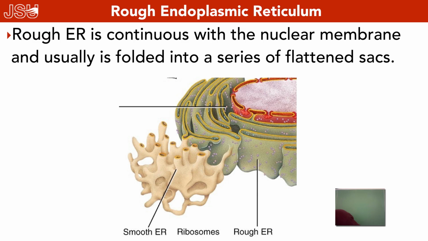I need to draw this out on here so people can see it. Okay, so the rough ER has the ribosomes on it, and ribosomes are for protein synthesis.